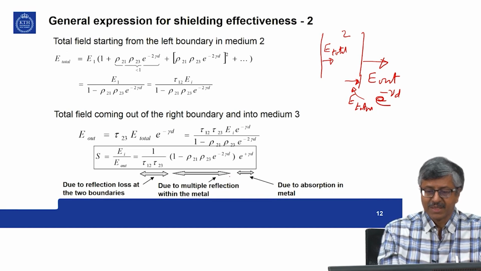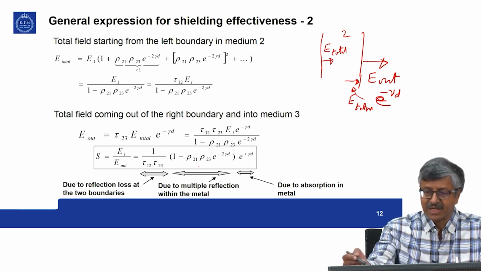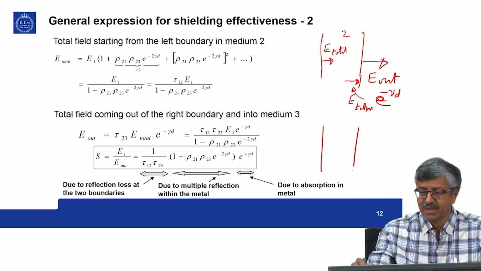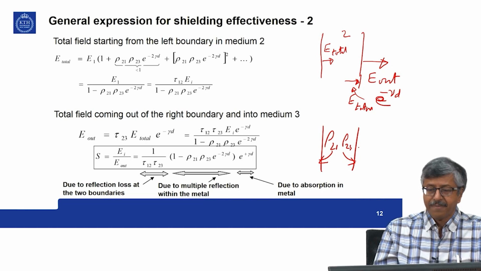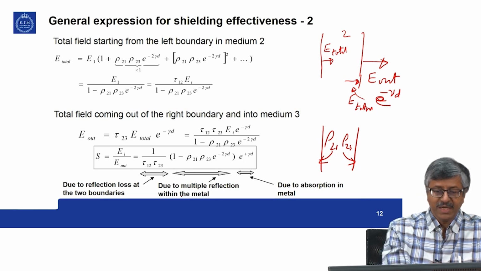The central part involves both reflection coefficients from inside, 21 and 23, and this is due to the multiple reflections within the metal.